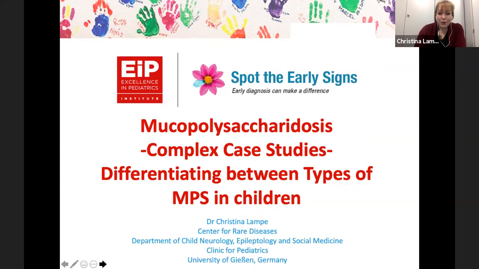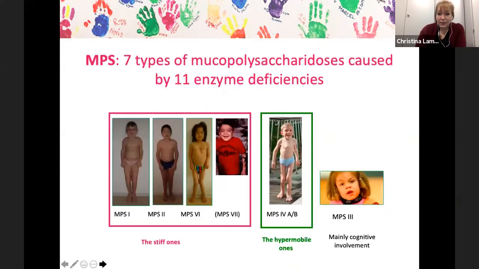According to the series of webinars that we had in the past, I would now like to give you an idea of how to differentiate the different types of MPS and how to follow them up, especially the patients that are attenuated or less severely affected.